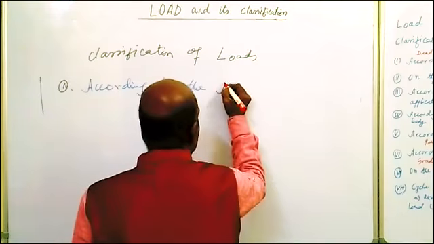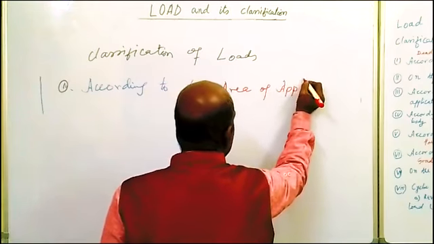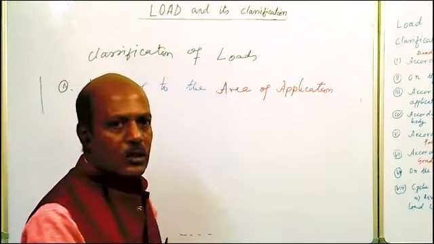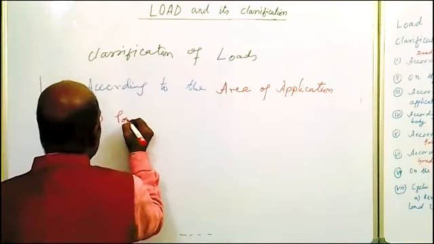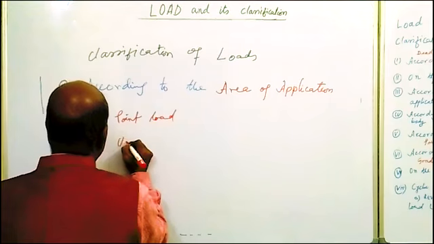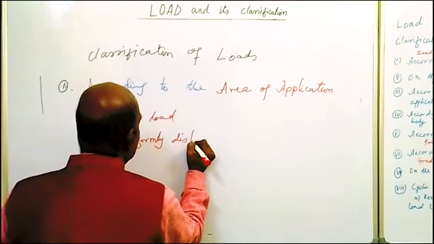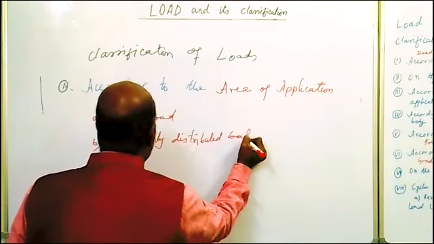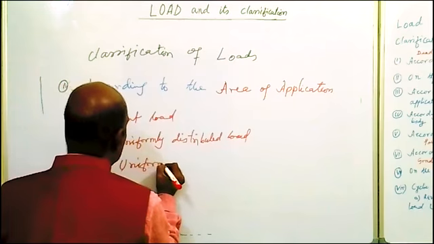According to this, the loads are classified as: the first kind is point load, the second one is uniformly distributed load, and the third one is uniformly varying load.